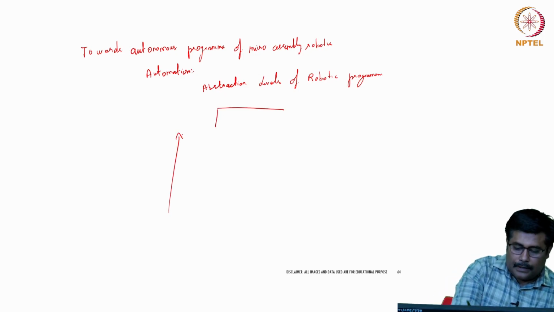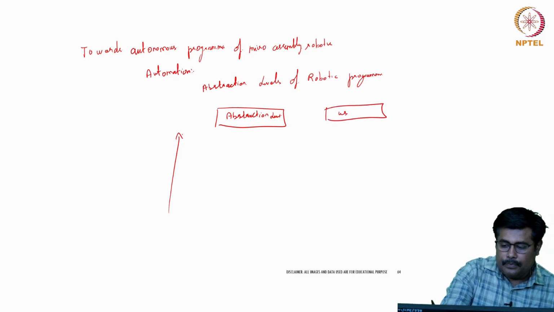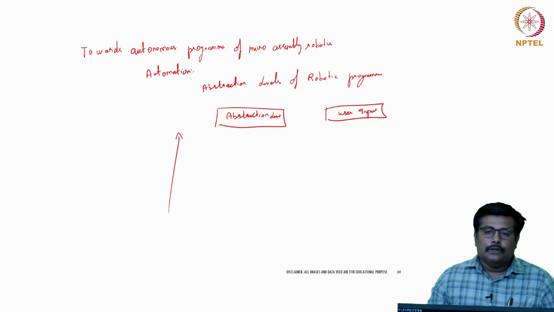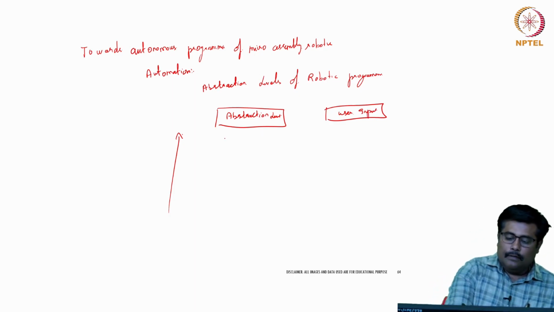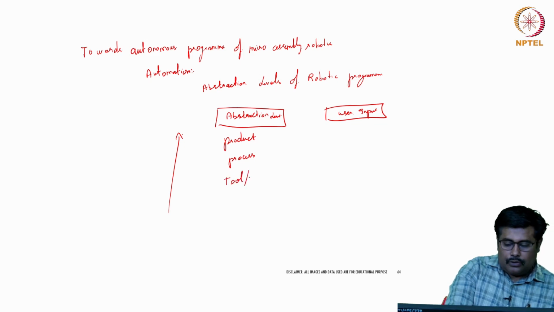When we try to classify, one is the abstraction level and the other one is the user input. Under the abstraction level we have the product, process, tool arm and the joint.